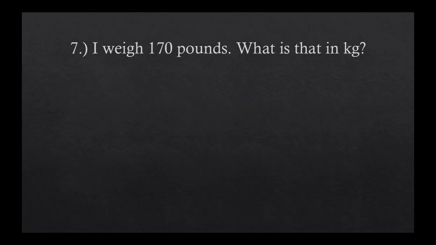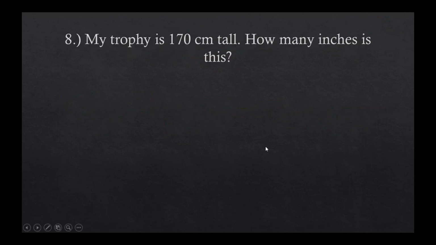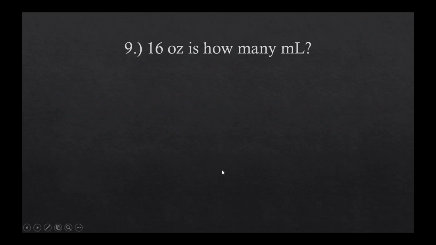Let's do one that is more than that, which would be number 9. Ounces to milliliters. Again, you notice ounces is US, milliliters is metric, so we have to jump across the pond. Now, ounces and milliliters, we're talking about volume.